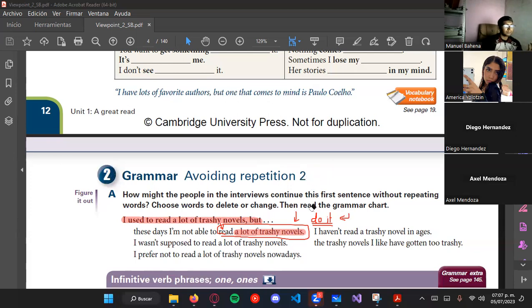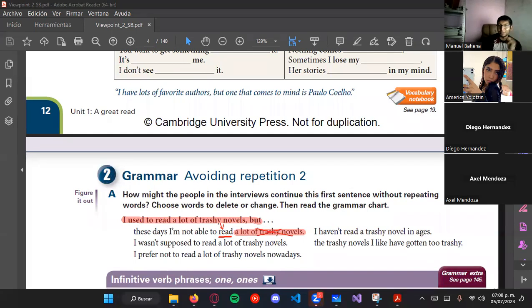Okay? So, in this case, we're still going to use the verb, this one, read, but we're going to add something after to avoid repeating this. What do you think it is? Who can tell me?